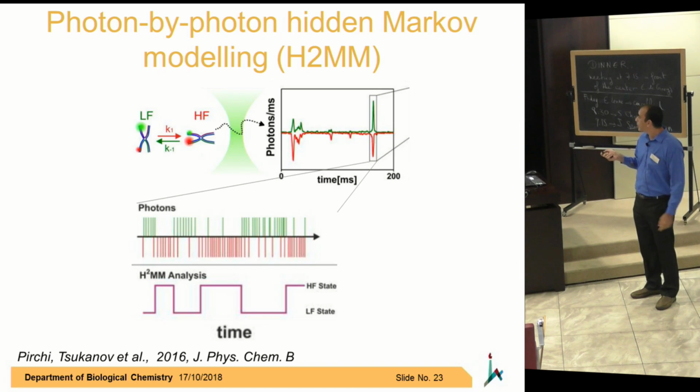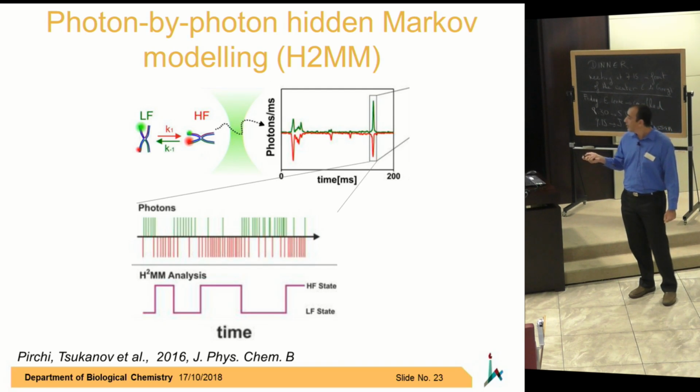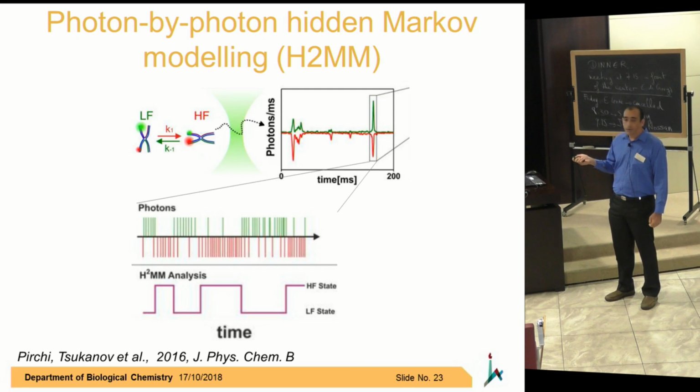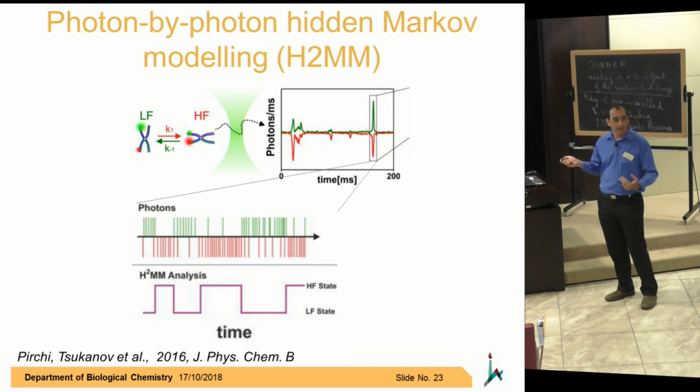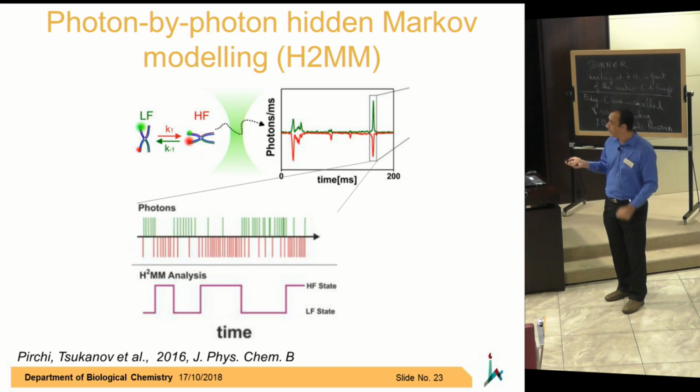Very fast forward, photon by photon hidden Markov modeling is hidden Markov modeling on the bunching of photons, basically on the probability of, if you have a red photon at a given region in time, what will be the probability of the next photon to be red or green, depending on the density of green and red photons that you should have per given FRET efficiency.